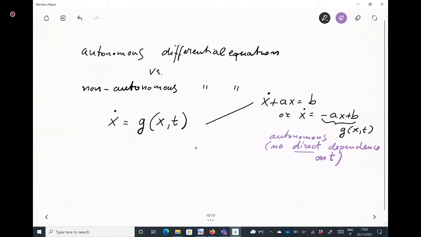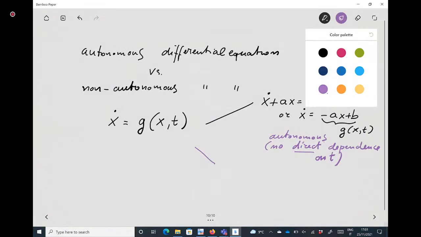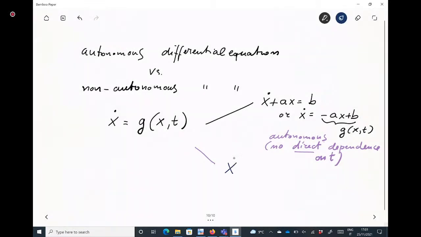What about this one? x dot plus 2x equal to 3t plus 1, for instance. But this is non-autonomous, okay? Because the dependence on t is both through x, because x is here, and you can move it to the right, it becomes minus 2x. x dot is equal to 3t plus 1 minus 2x.